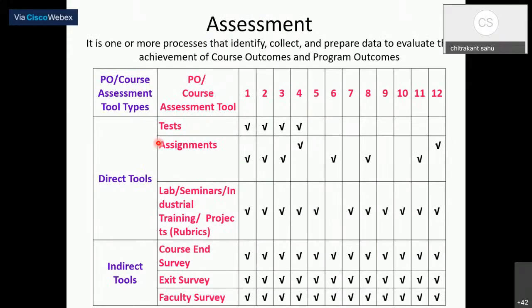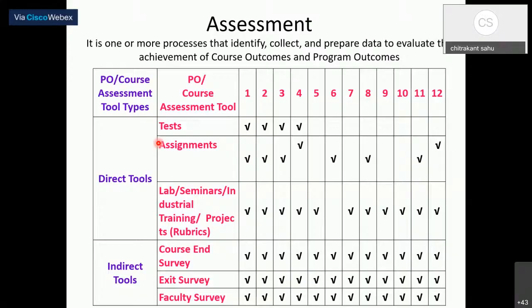For how to do the calculation of course outcomes, we need to understand what assessment methodology we have. Program outcomes and course outcomes can be modified, and we can see here the assessment methods for the program outcomes. Program outcomes may have direct tools as well as indirect tools.